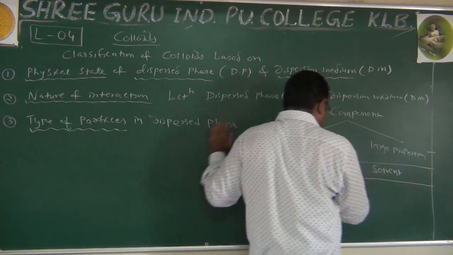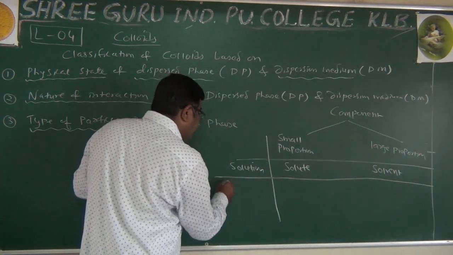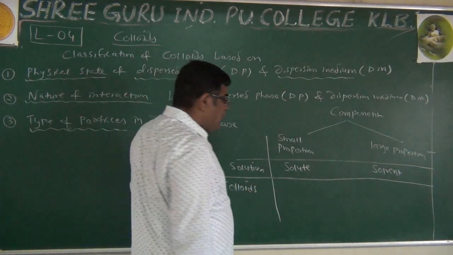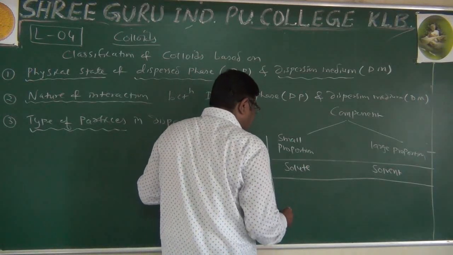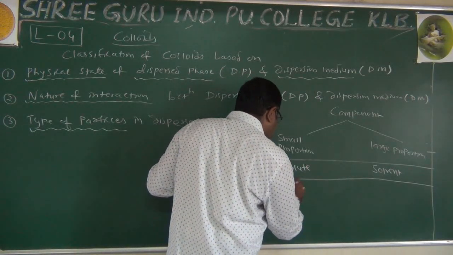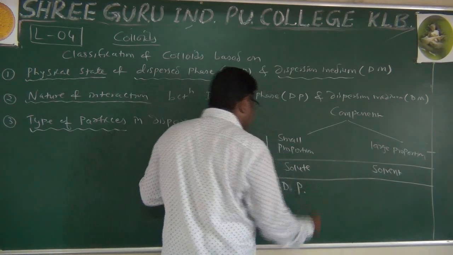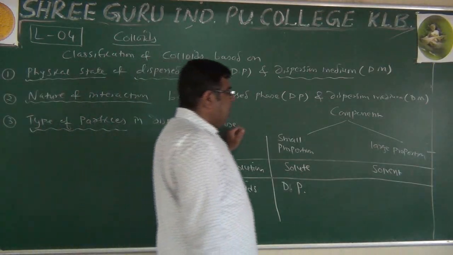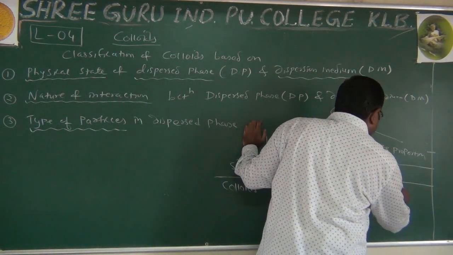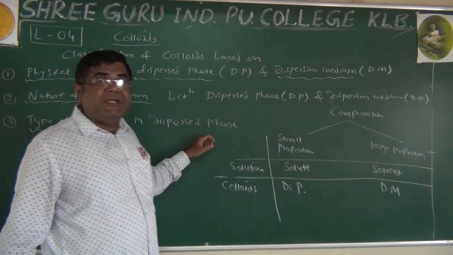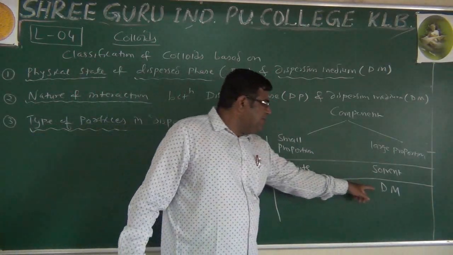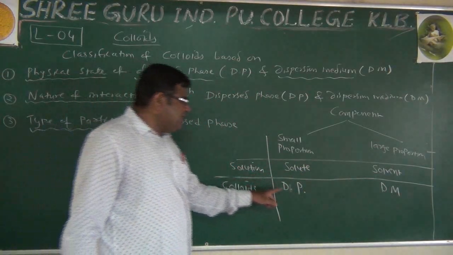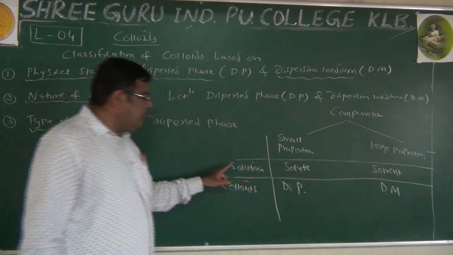This you know. In colloid, the component present in small proportion is called dispersed phase, this dP, and that present in large proportion we call dispersion medium. So dispersion medium is equivalent to the solvent of solution, and dispersed phase is equivalent to the solute of solution.